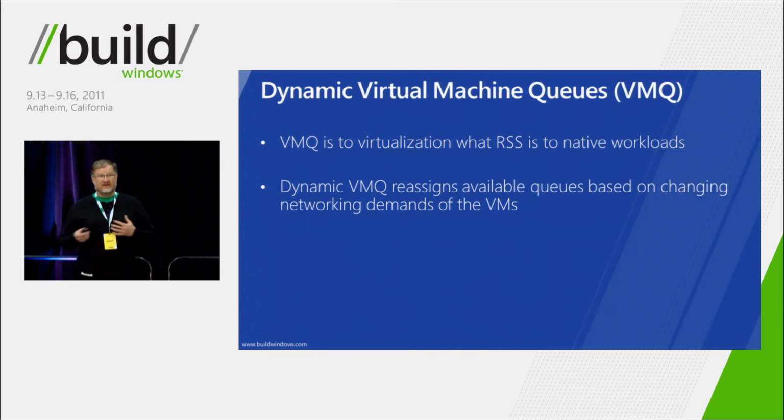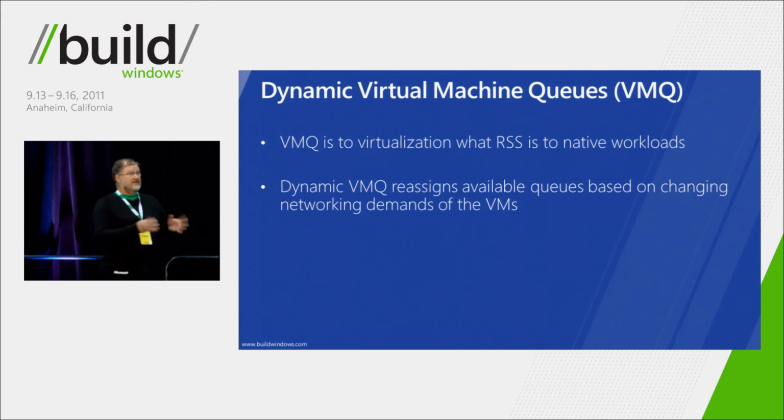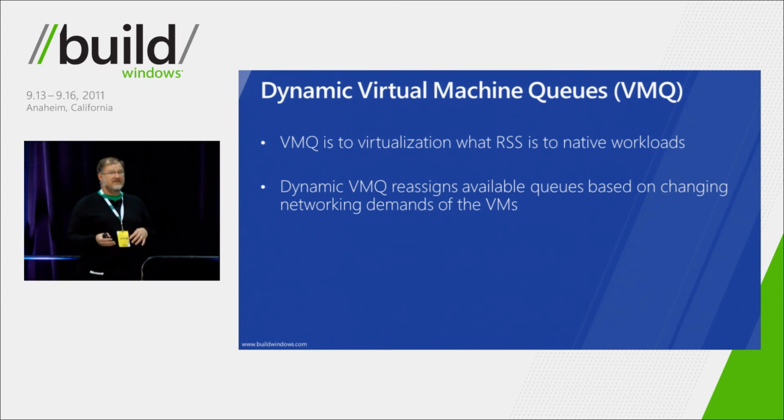So if a VM that's been quiet and didn't have a queue suddenly becomes active, the Hyper-V switch will look at that and on the VM's behalf provide a queue for it. Even if it means taking another VM's queue that had been busy earlier and is now more idle away.